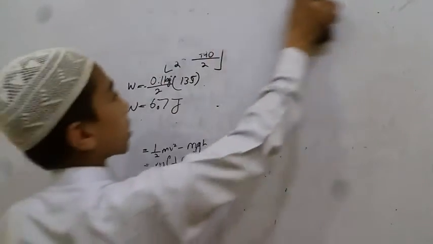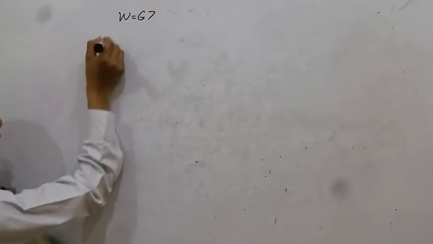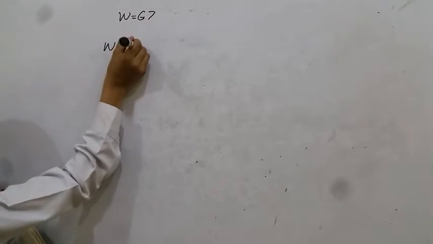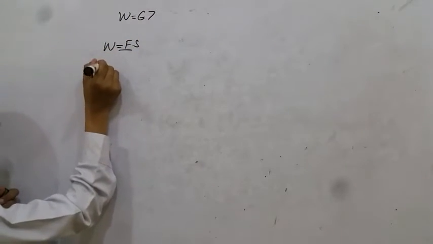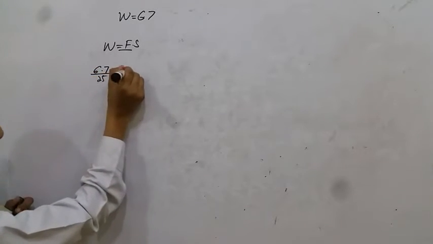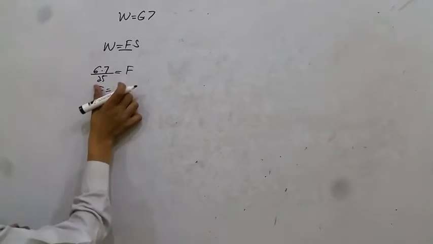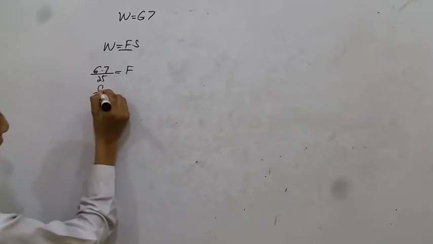Now calculate the force of friction. Work done was equal to 6.7 and work is equal to F into S. We have to find this F. So work is 6.7, S is given 25, into F. So f is equal to, and this is friction, so we represent it by small f, 6.7 divided by 25.